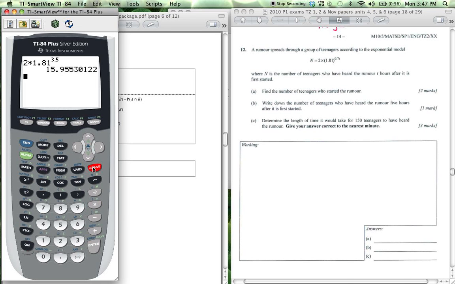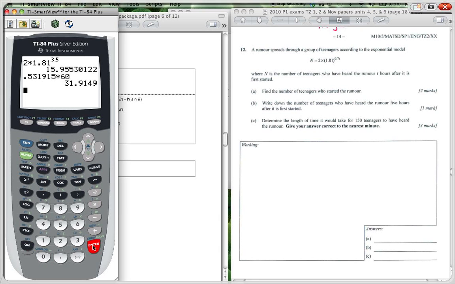So I'm going to get 0.531915 times 60, and I put that in, and I get 31.91, and that's obviously equal to 32 minutes, plus the 600 which we had for the 10 hours, so a total of 632 minutes after the start of the rumor.